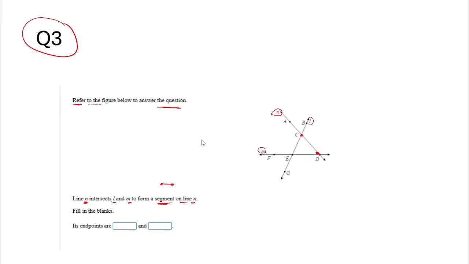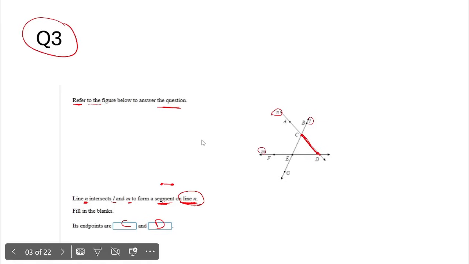So I have two endpoints here, and this is the line segment. So the answer is C and D. Take care when it says in which line the segment is formed. Because, for example, if we are talking about line M, the endpoints are different. If I'm saying form a segment on line M, it's different, but here it's asking for line N. Okay, let's see question number 4.